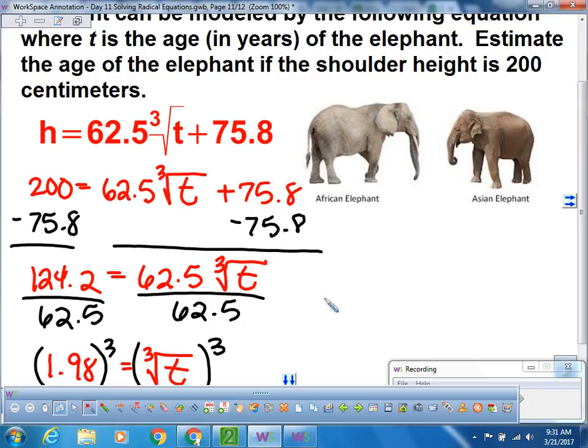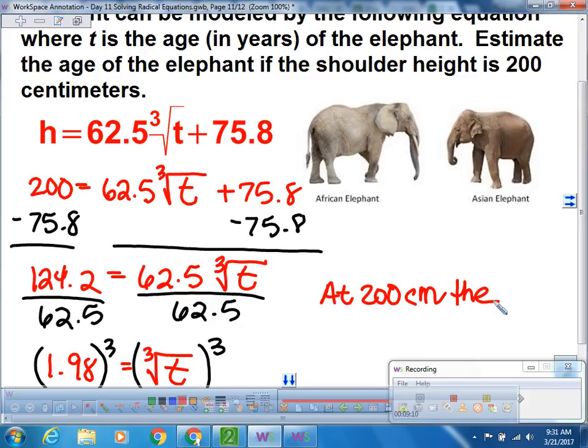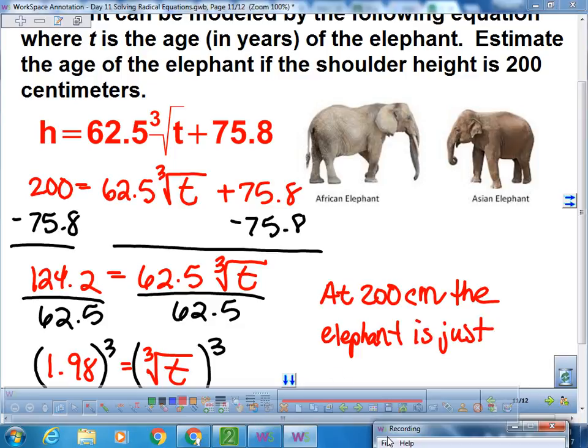So at 200 centimeters, the elephant is just under 8 years. Correct? So I need a full sentence, because that's what it's asking you. You need to know what you're trying to find. Okay? Yes, sir. Yes. Yes, you would.